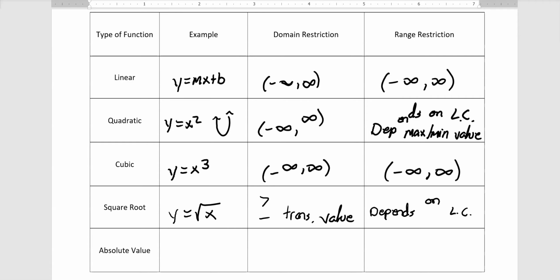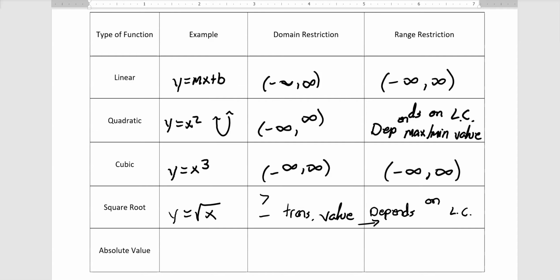I'm just going to draw an arrow there to show that that depends. The transformation value affects both the domain and range. If you're not sure about that, that's definitely one we'll learn more about this unit, and we'll talk about it in the sample problems video as well.